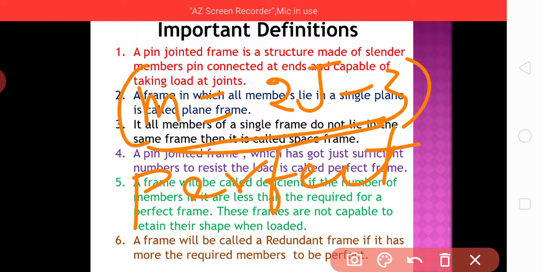This imperfect truss is again of two types, that is, a deficient truss and a redundant truss. If members are less than 2j minus 3, then the truss is a deficient one, and if m is greater than 2j minus 3, then the truss is a redundant one. And for analysis, we are analyzing a plane frame, that is, a structure which lies in a single plane.